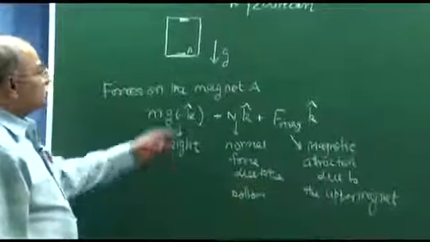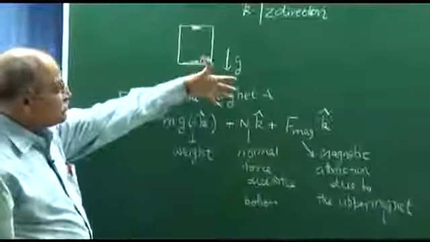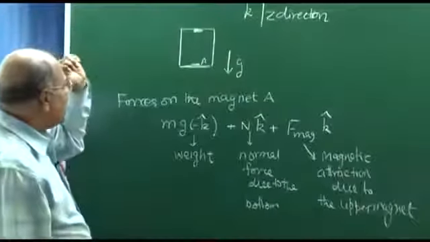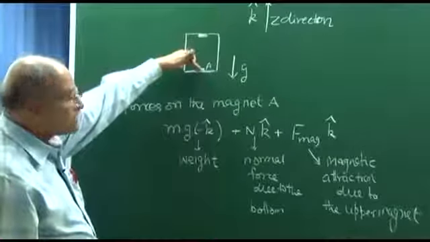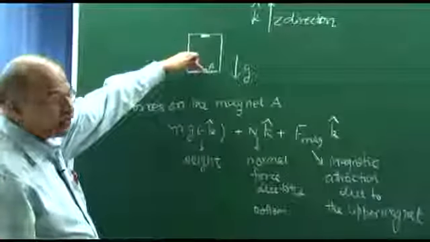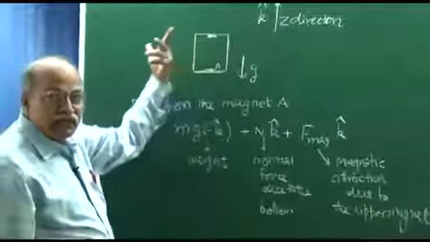And since we are using a non-inertial frame, I must apply a pseudo force also on this A, and that pseudo force will be the mass of this object multiplied by the acceleration of the frame with a minus sign.